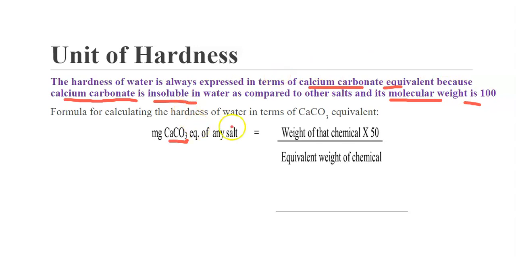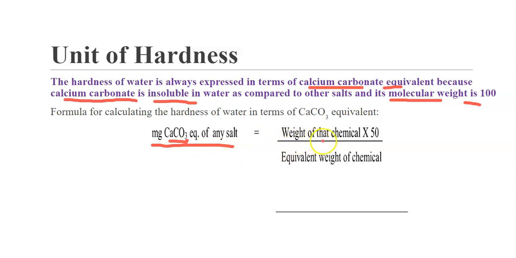Now, the formula for calculating the hardness of water in terms of CaCO3 equivalent. The unit of hardness of water is mg of CaCO3 equivalent. If different salts are present in water in different amounts, we have to convert each amount in terms of mg of CaCO3 equivalent. So how do we convert it?